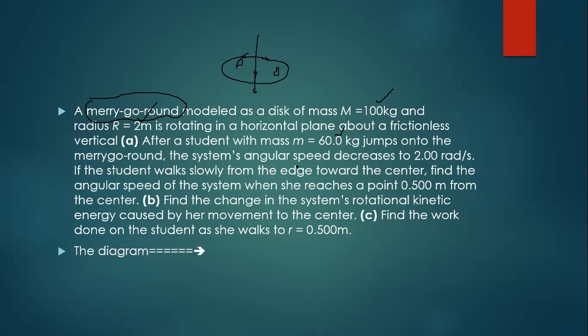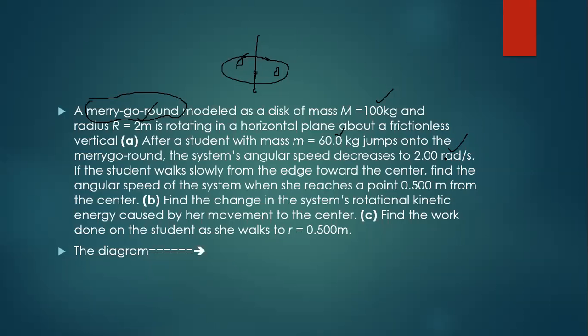The system's angular speed decreases after the collision. The speed decreases, but the mass increases because a student has jumped on the merry-go-round, and the speed decreases to 2 rad/s.